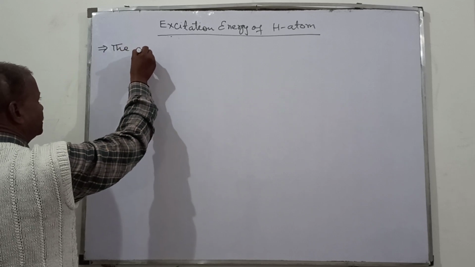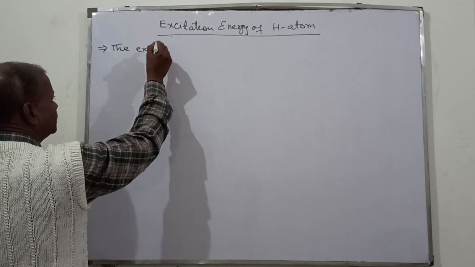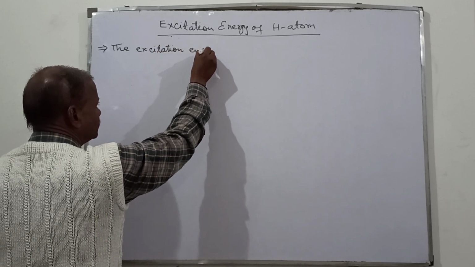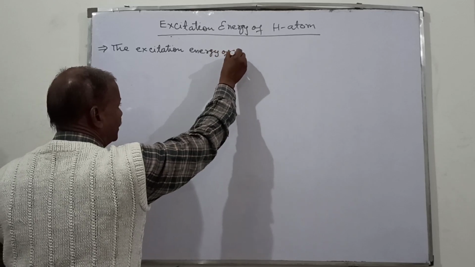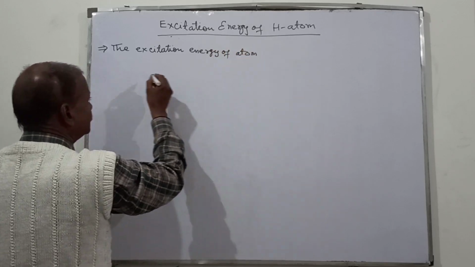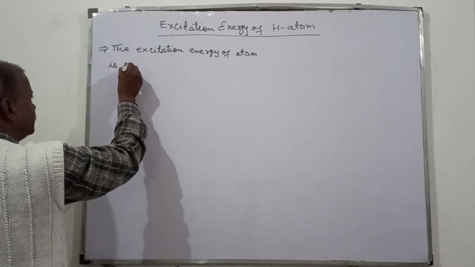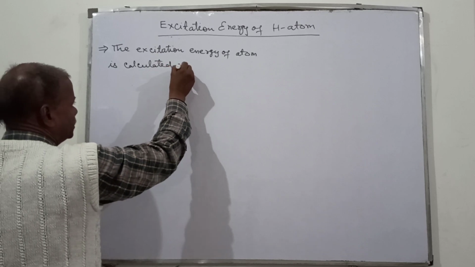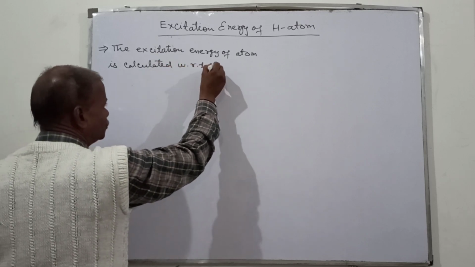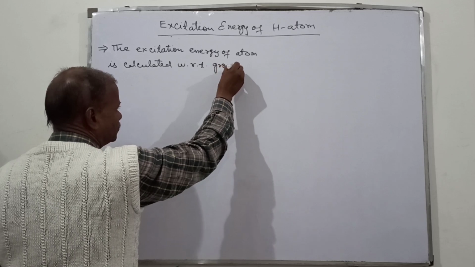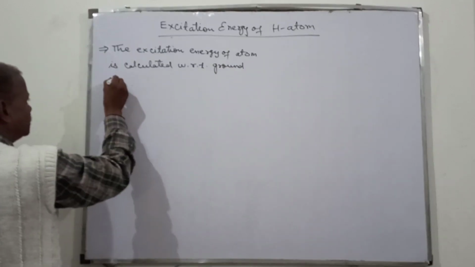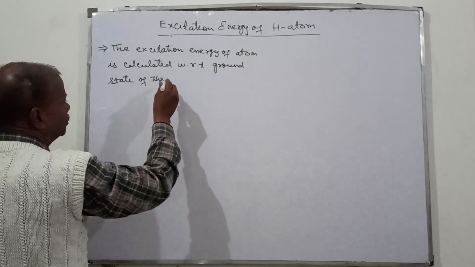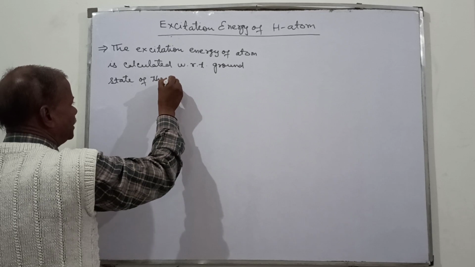The excitation energy of an atom is calculated with respect to the ground state of the atom.